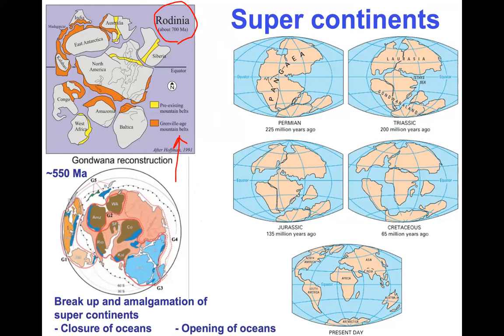That means just 300 to 400 million years before Gondwana, because Gondwana was there about 400 to 500 million years ago. And before Gondwana, Rodinia was there. So that means nearly 800 million years ago from today, right?